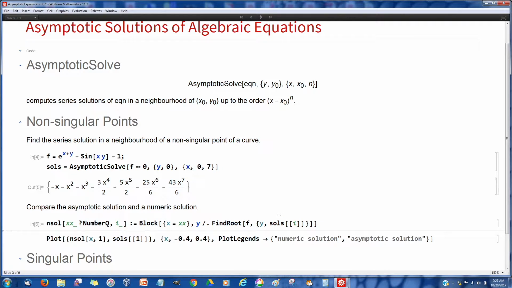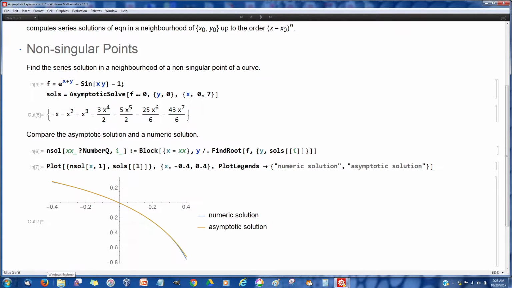We get the starting point for FindRoot as the value of this asymptotic solution. And we plot the solutions. So you see they're almost completely equal near the point 0, 0. They start to diverge around x equals 0.4.